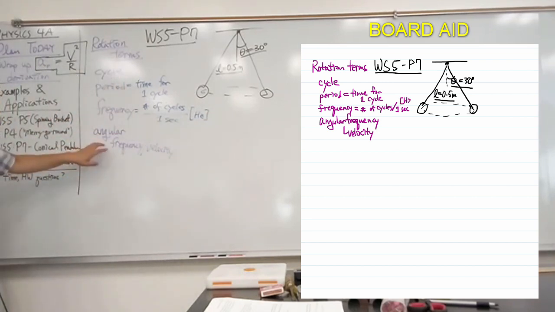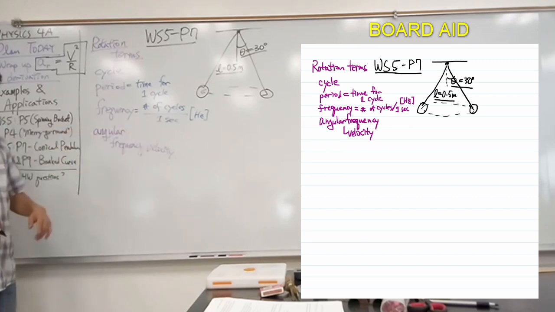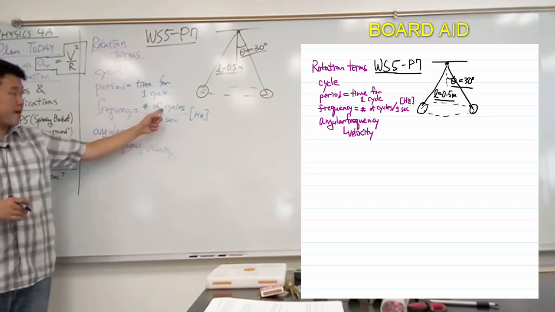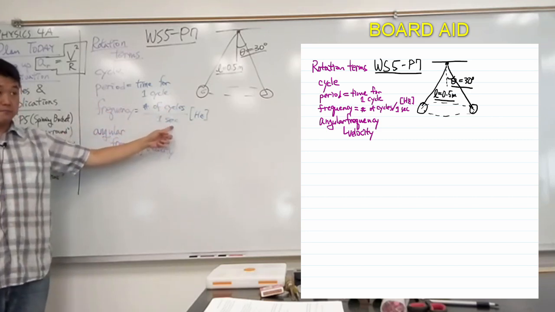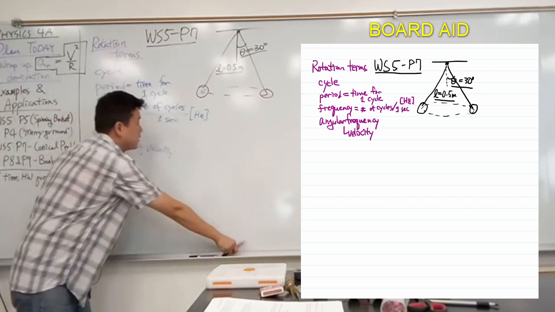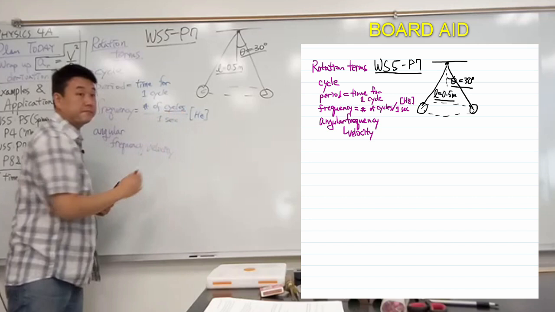Now, angular frequency, I think it's easier to define this in terms of angular frequency. So when you look at frequency, the unit of frequency is a number of cycles per time, right? So frequency is measured in terms of cycles.